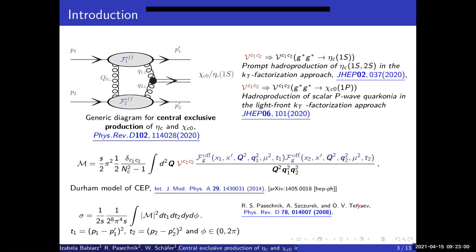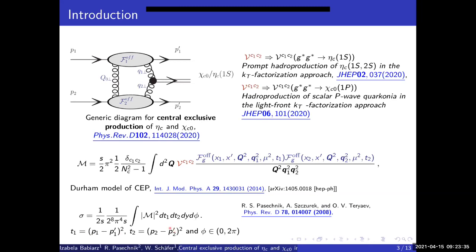But in this case, I would like to talk only about the pseudoscalar and scalar production. In central exclusive production in pp collisions, the most interesting variables are the transverse momentum squared and also the rapidity of the produced meson, and the other ones like pT distributions.